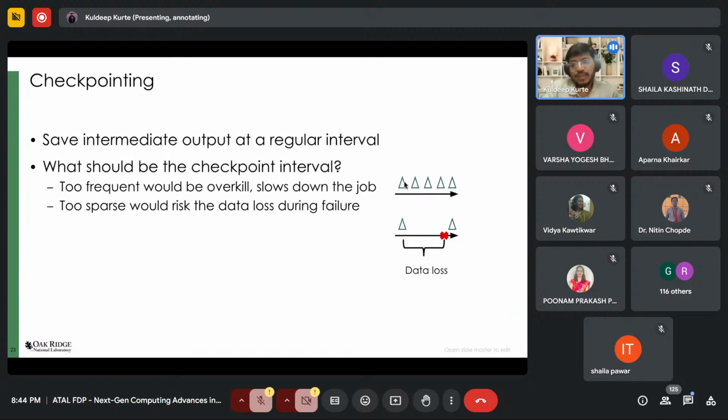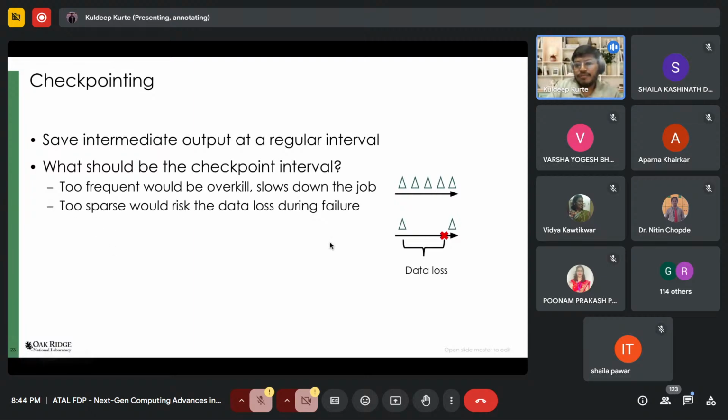The artifacts of the decision that we make are these. Let's say we represent the checkpoint by a triangle, and the timeline by an arrow. If you write the checkpoint very frequently, it will slow down the job. Why do you think that it will slow down the job? Let's think about it.